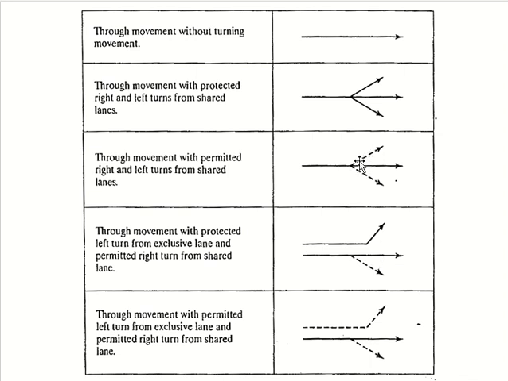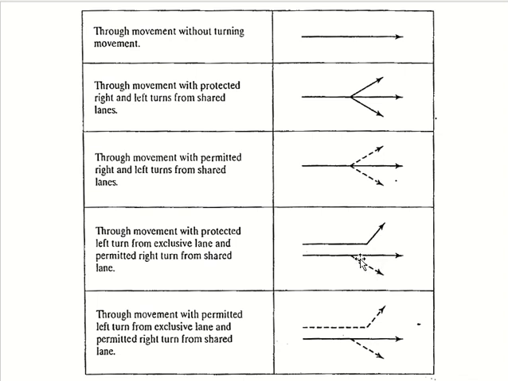Then you see some of the arrows are dotted and some of them are solid. Solid are called protected and dotted are called permitted. What is the difference between them? If you have a protected movement like this one, this movement will go when the signal is green, and that means that other, conflicting directions will have red for sure.